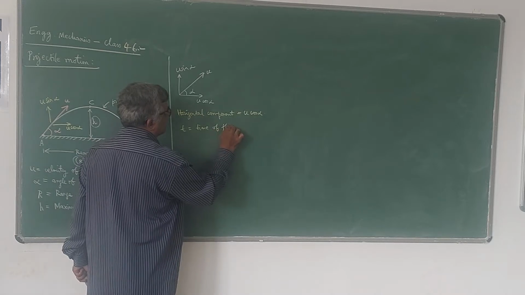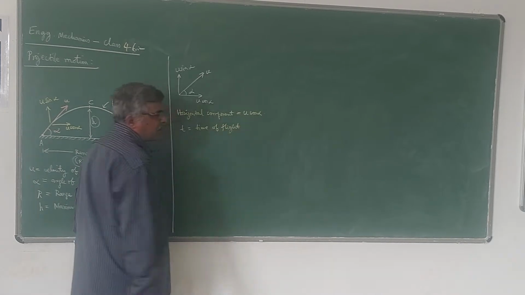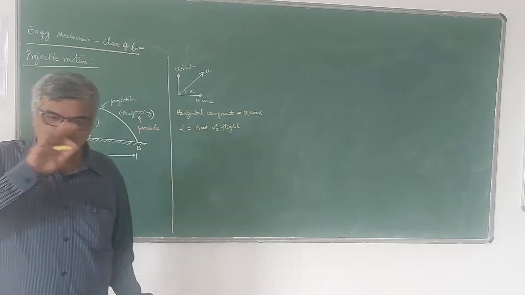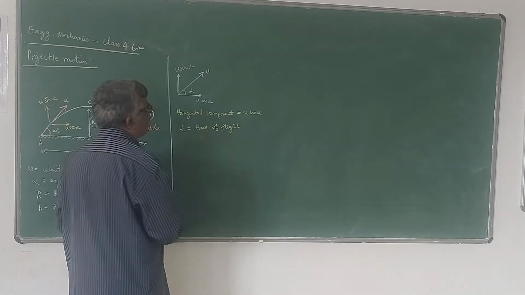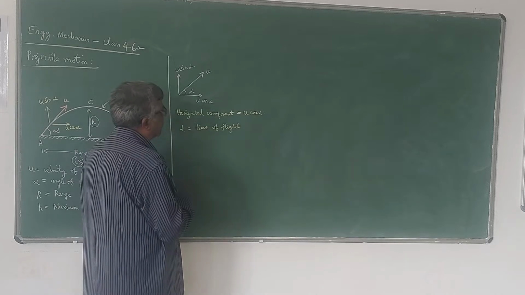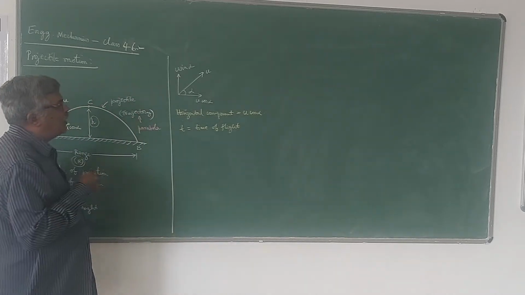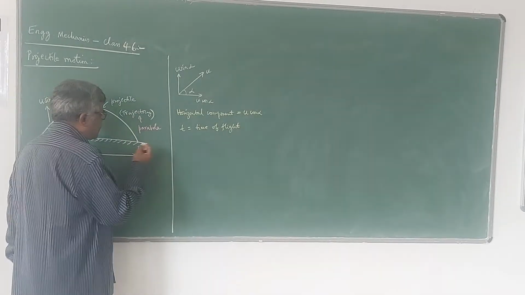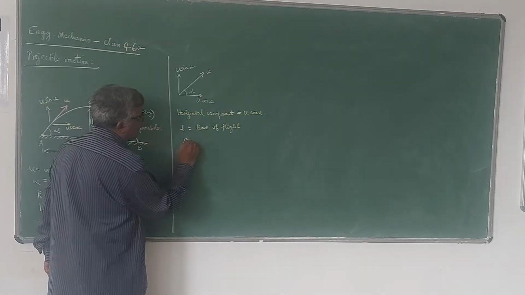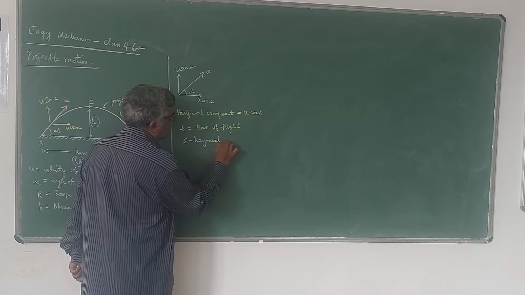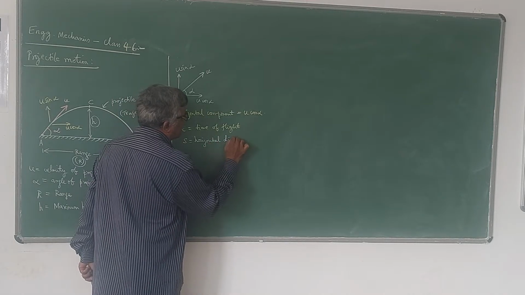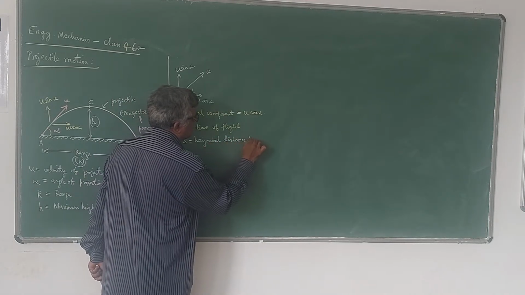Time of flight means the time during which the projectile will be in motion. If you multiply these two, you are going to get the horizontal distance equation. So s is the horizontal distance traveled by the projectile.